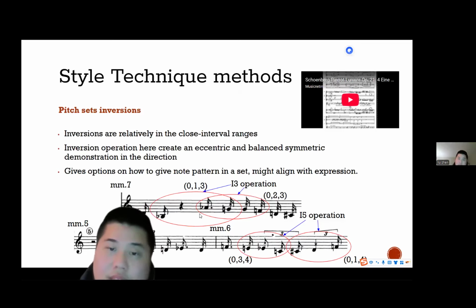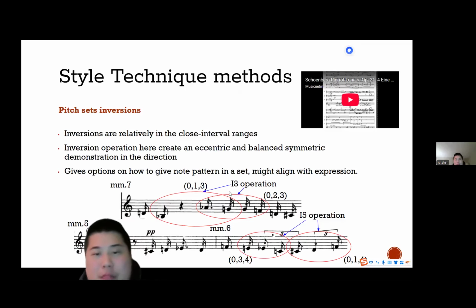Then the prime form is 023, so it definitely has another trichord inversion. If we put together these prime forms, on the left is 7, 8, and 10. On the right, the set has 5, 7, and 8. So it has the operation I3.